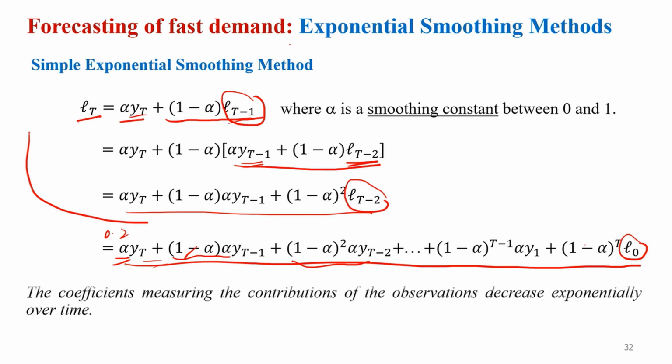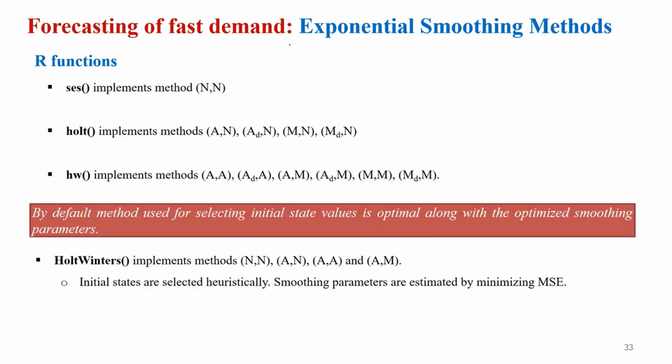smoothing method. Now let's talk about how we can implement these methods in R. We have multiple functions available in R which we can use to implement it. Like we have ses, which can only be used for the simple exponential smoothing method. We have the Holt function, which can be used when we have the additive trend with no seasonality, damped trend with no seasonality, and multiplicative trend with no seasonality.